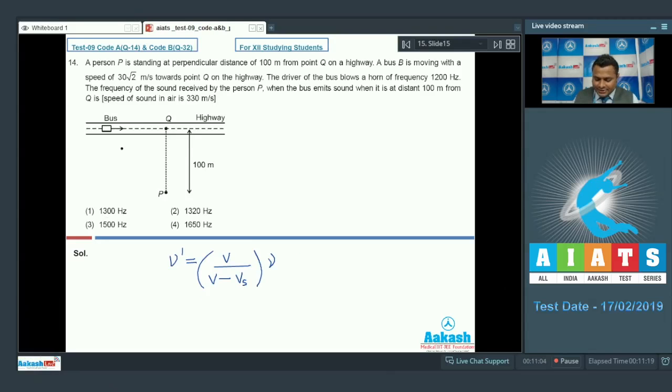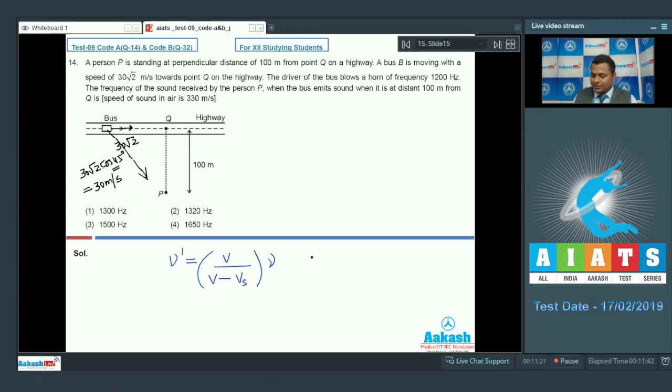Now the bus has a speed of 30 root 2 meters per second. The component of speed toward the observer will be 30 root 2 cos 45 degrees, which gives you 30 meters per second.